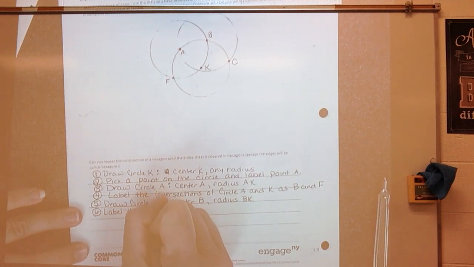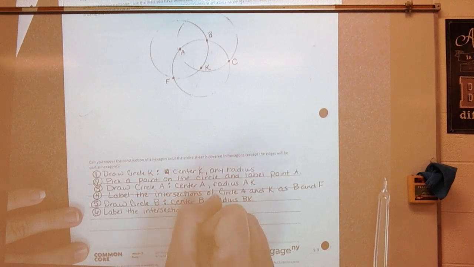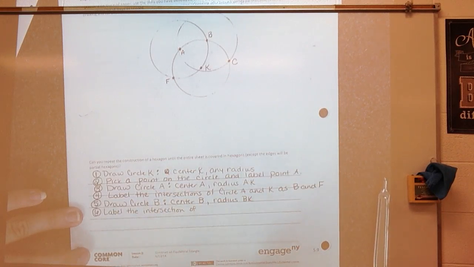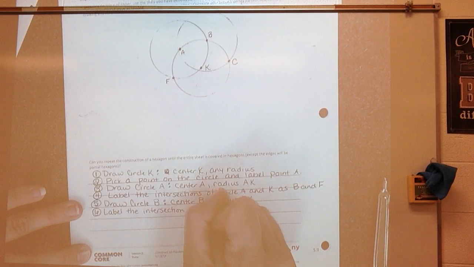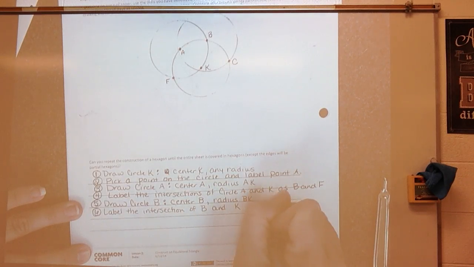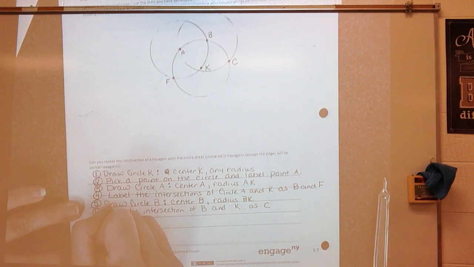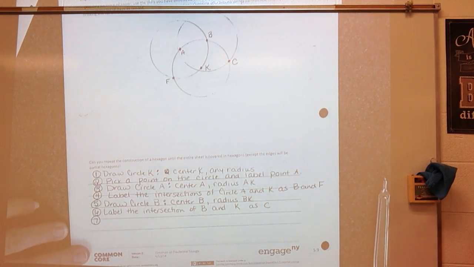So label the intersection of circle B and circle K as C. Okay?